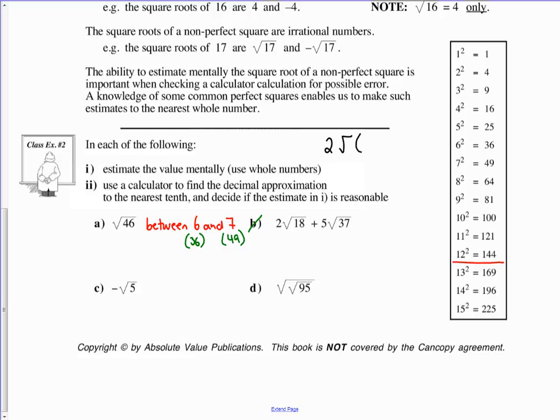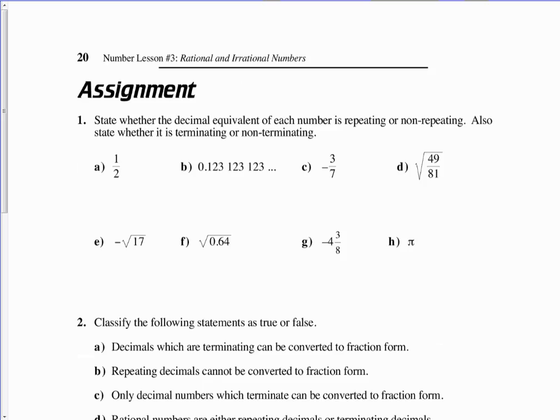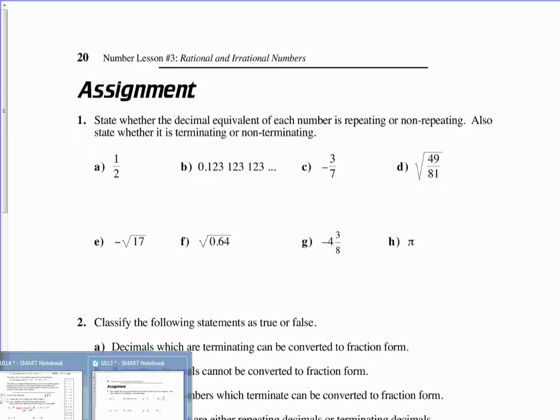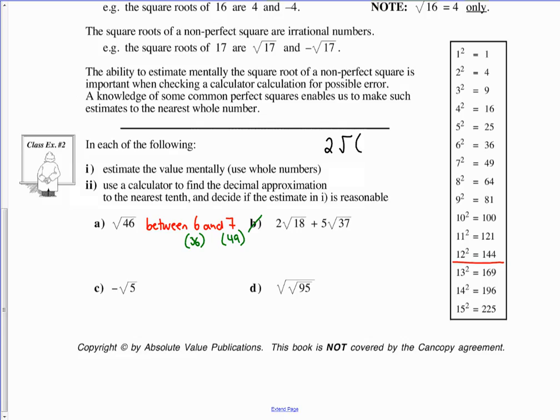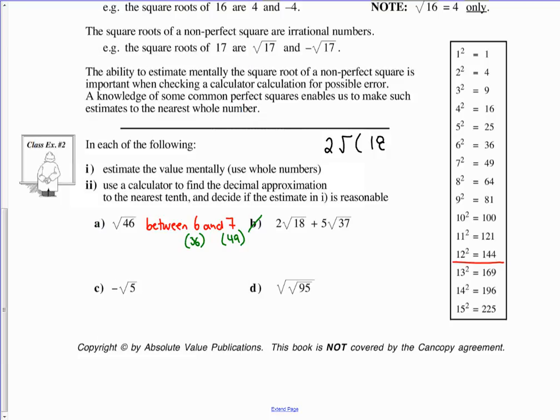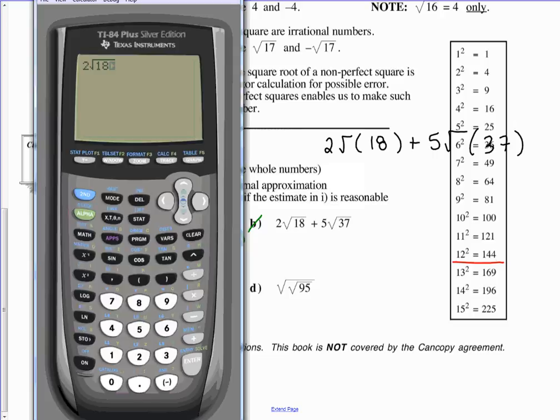Yes. Okay, so when you type that in, you want to put the 18 and then close the bracket because you're closing the square root. Then plus 5 square root bracket 37 and then close the bracket. Now, the rest of us, yours should have a blinking arrow.